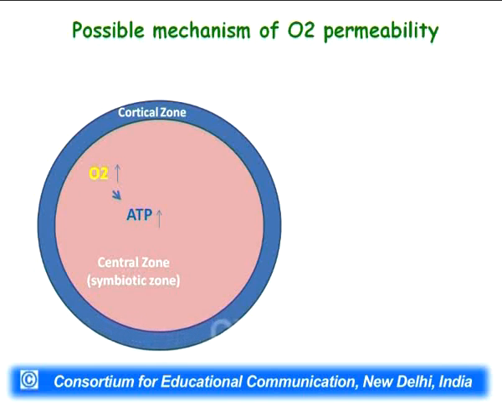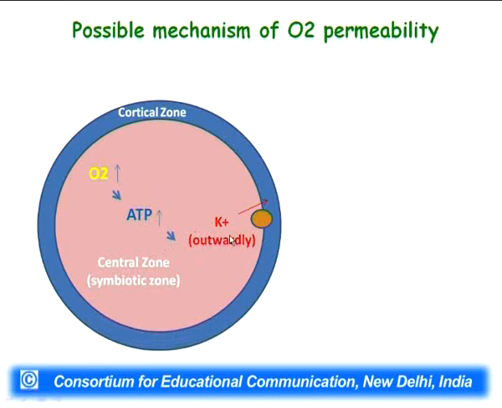So, oxygen is high, ATP is high, and this high ATP level activates a potassium channel. Now, there are mostly two types of potassium channels. One is called the outwardly rectifying channel, another one is called the inwardly rectifying channel. The outwardly rectifying potassium channel gets activated with the high level of ATP.